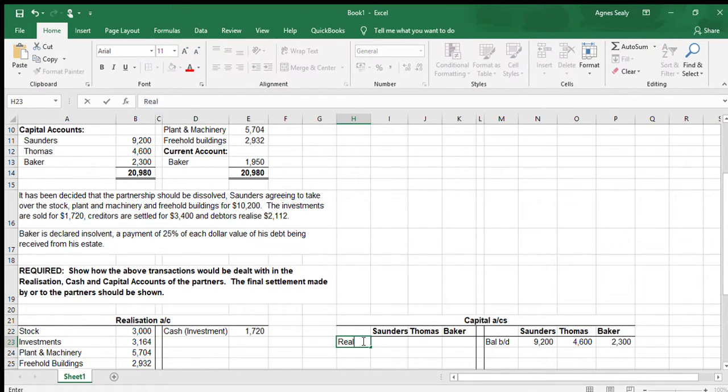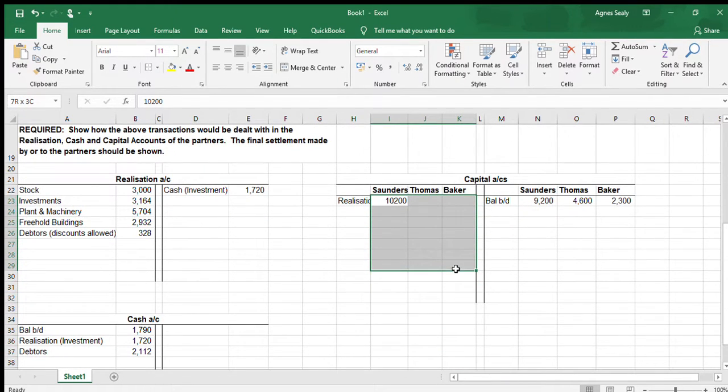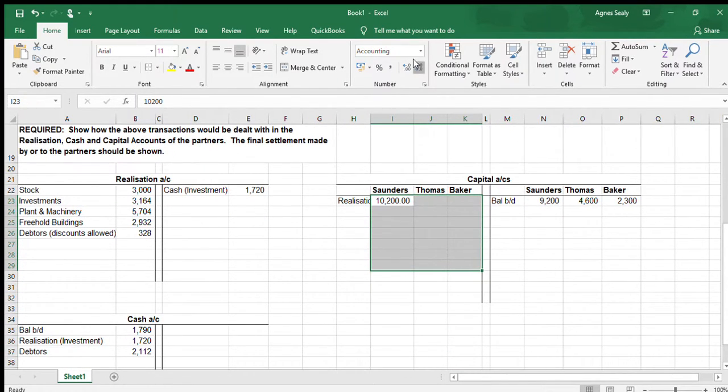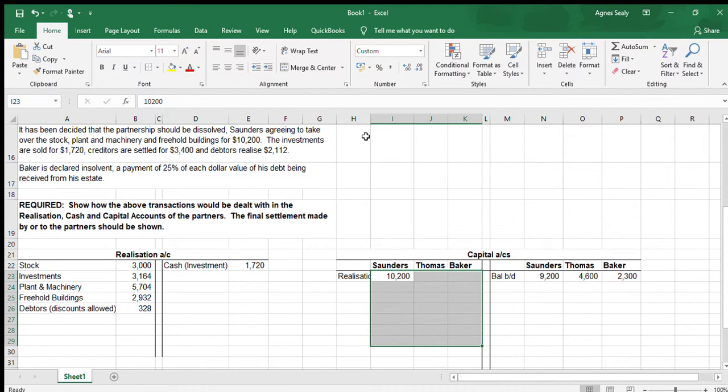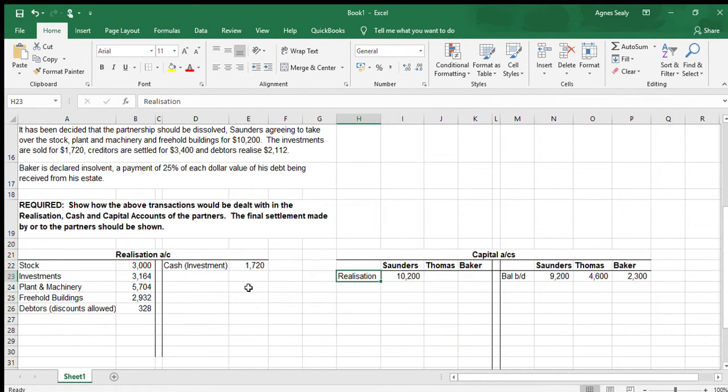So realization, and it is Saunders for 10,200. And the realization account is credited for the same 10,200.